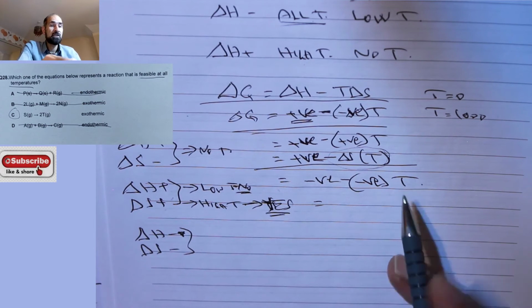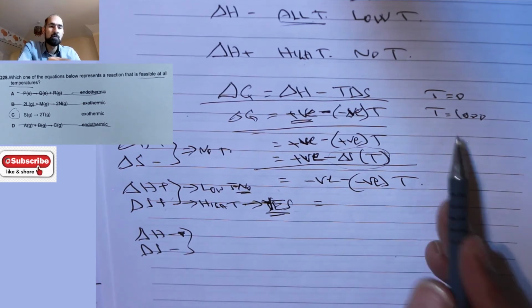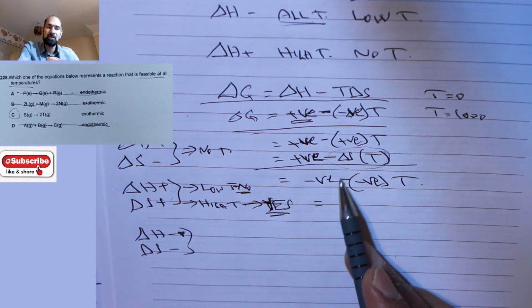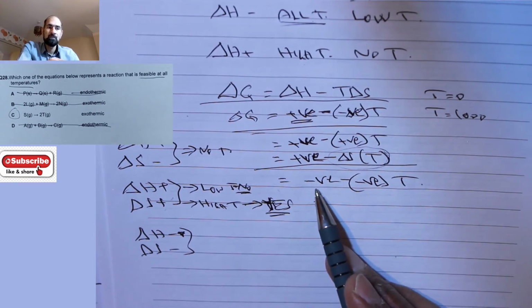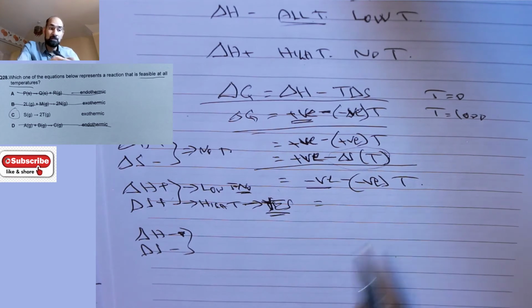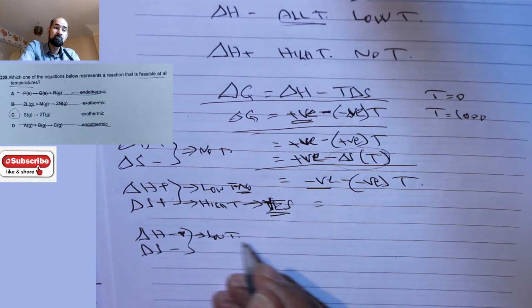So let's do T is 0 like normal. If T is 0, this expression becomes 0, so you end up with a negative delta G. So that means at low temperatures, it is feasible.